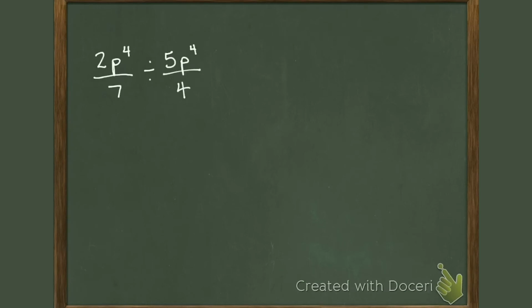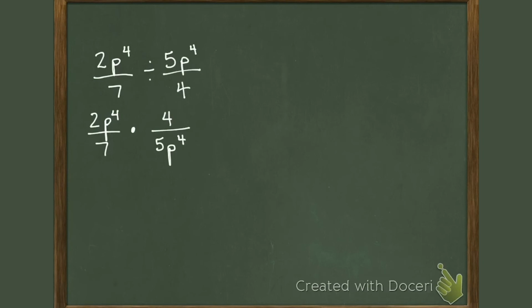So for this problem, do the same thing. Keep, change, flip. We're going to keep the first radical expression the same. So I'm not going to change it at all. I'm going to change the division sign to a multiplication symbol, and I'm going to flip the other. So the numerator becomes the denominator, and the denominator becomes the numerator.